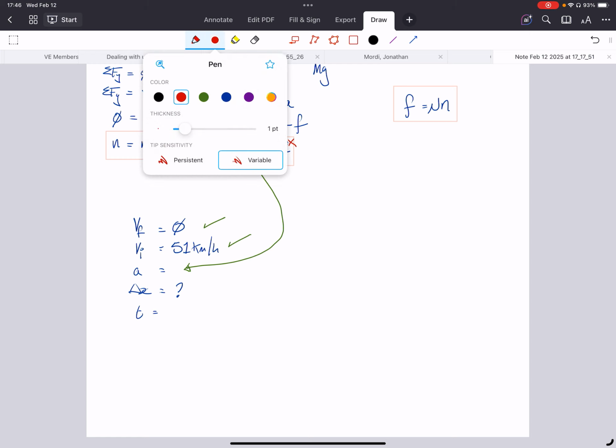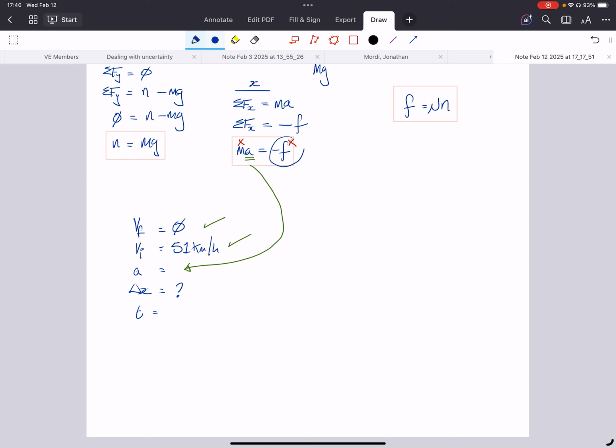Let's start by saying I can replace this f with mu times n, because I know that they are equal to each other. So wherever there's an f, I can write mu n instead. So if I take this equation here, I can write it as m times a equals minus mu times n.